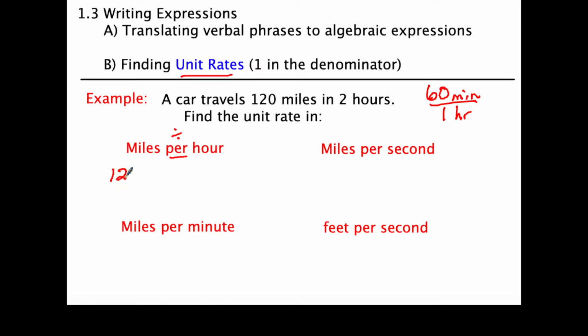So 120 miles per 2 hours. Well, if we just divide real quick, 120 divided by 2 would put us at 60.